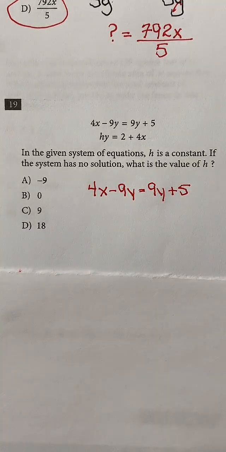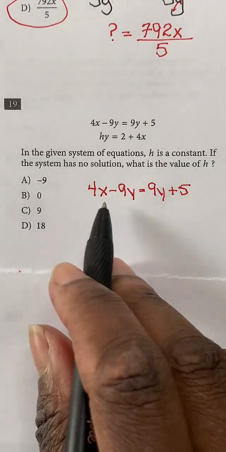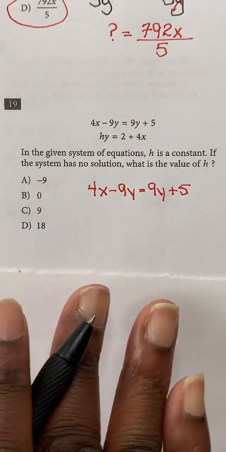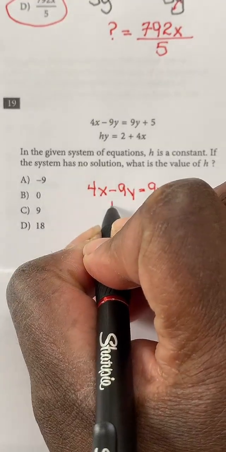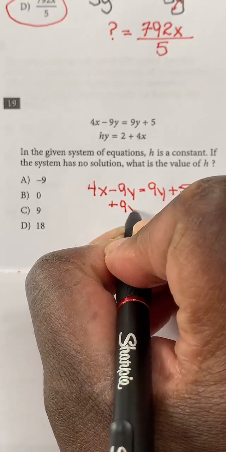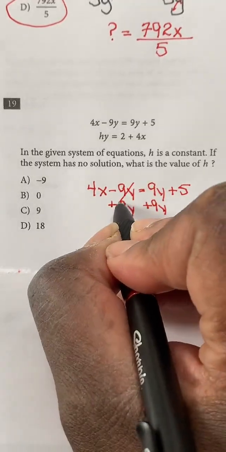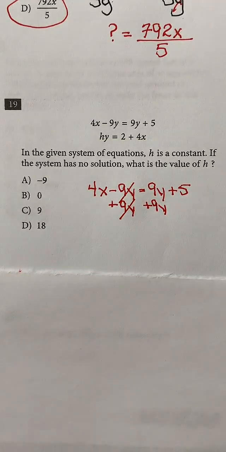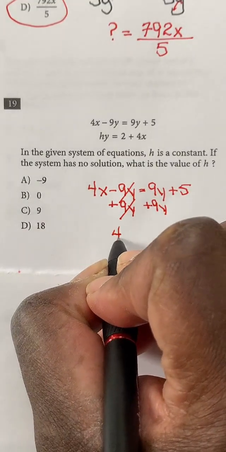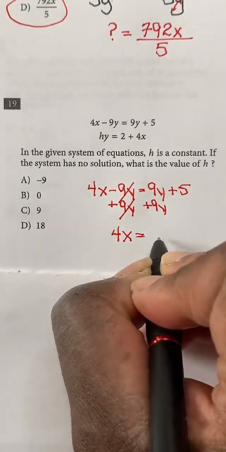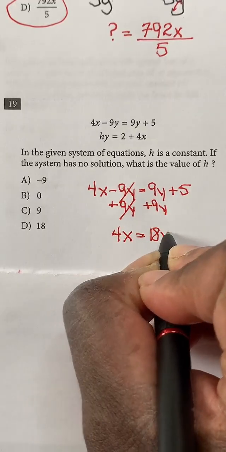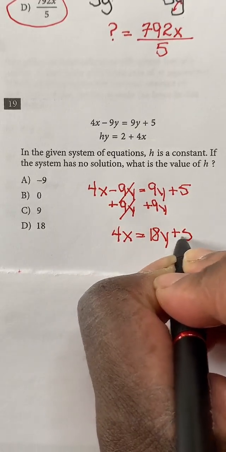If I wanted to, I could solve this for x. Just follow along. If I add 9y to both sides, they're going to cancel out, giving me 4x equals 18y plus 5.